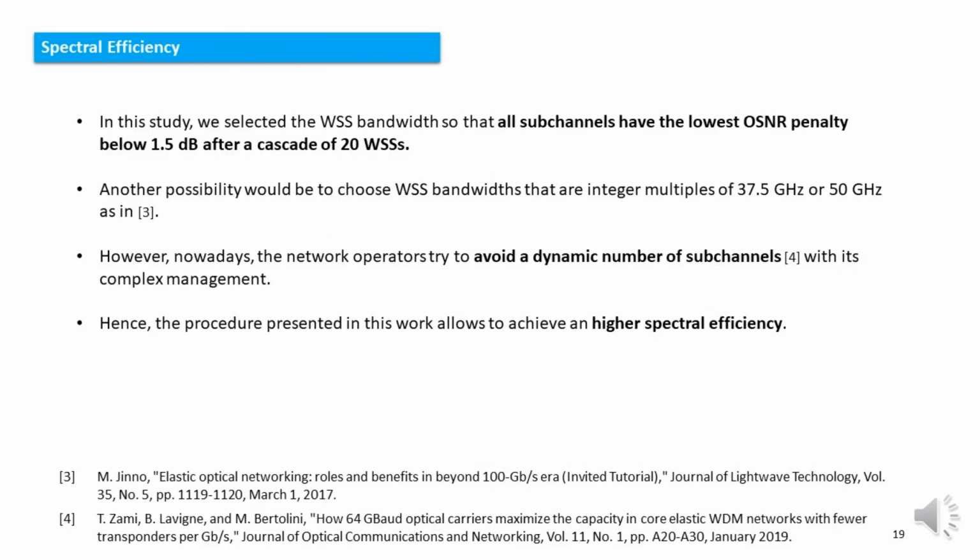In this study, we selected WSS bandwidth so that all subchannels have the lowest OSNR penalty below 1.5 dB after a cascade of 20 WSS. Another possibility would be to choose WSS bandwidth that are integer multiples of 37.5 GHz or 50 GHz.